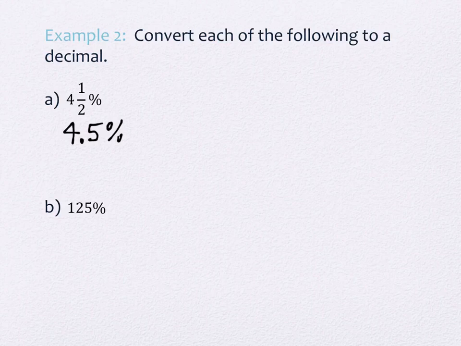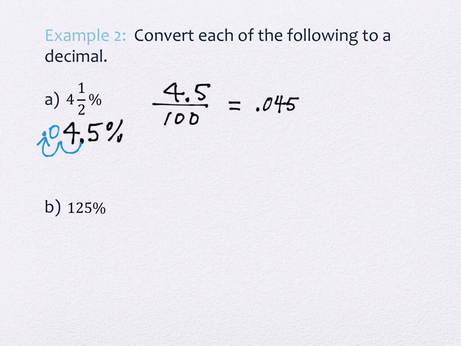And what it really means is that I have 4.5 over 100 or divided by 100. If you grab your calculator and you actually divide 4.5 divided by 100, what do you get? 0.045. And if you think about it from the other perspective of moving decimal place values, if you move it 2 to the left, you also get 0.045.